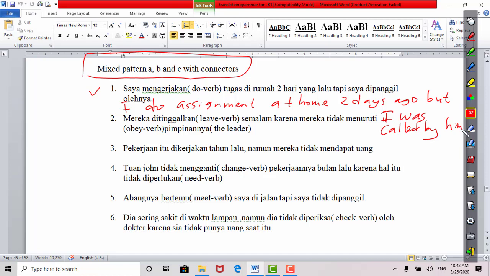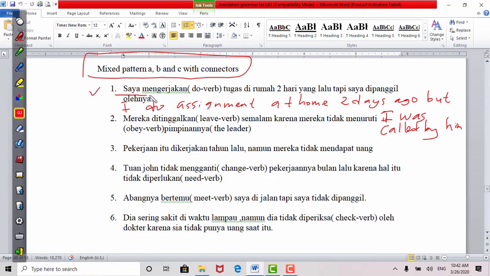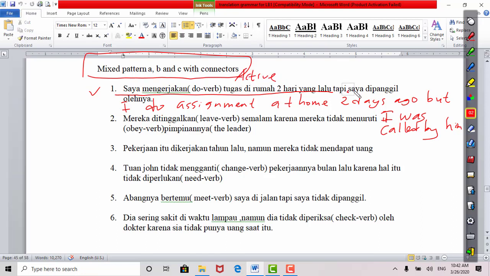Alright, this is mixed. Sometimes the first is active. This is active. After but, saya dipanggil olehnya, that is passive. Right? Mixed pattern. Sometimes active, sometimes passive.